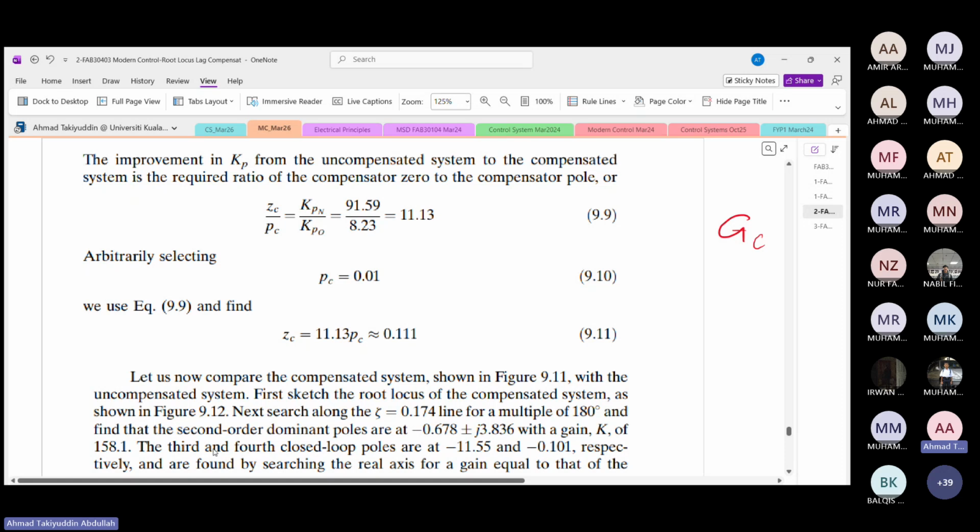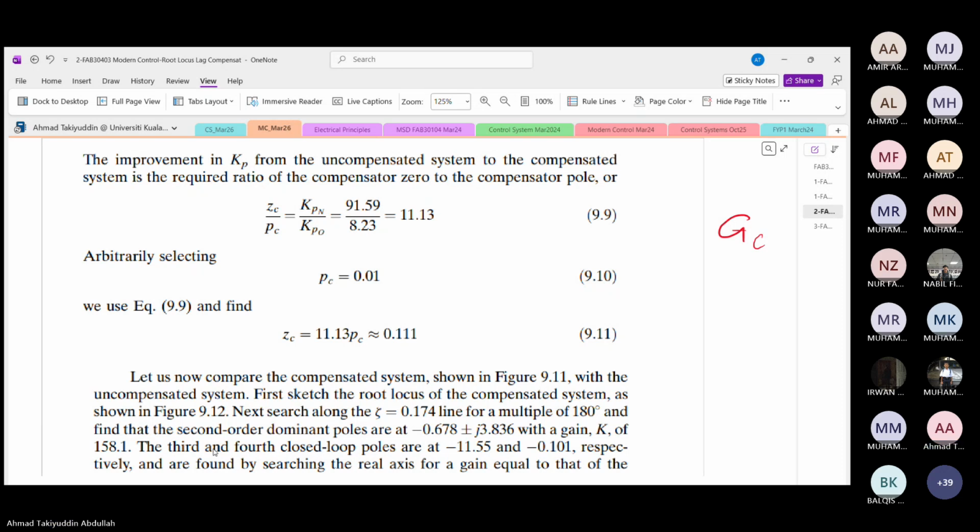I'm just going to skip this for now, because we can look at it as we work on MATLAB later, and I'm going to get back to this third and fourth poles explanation.